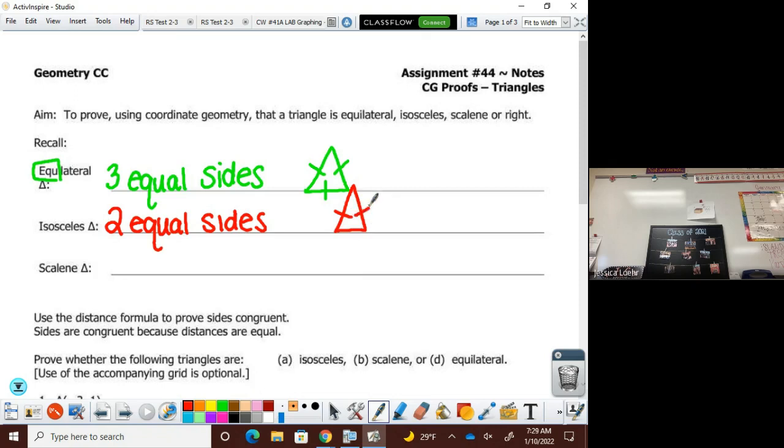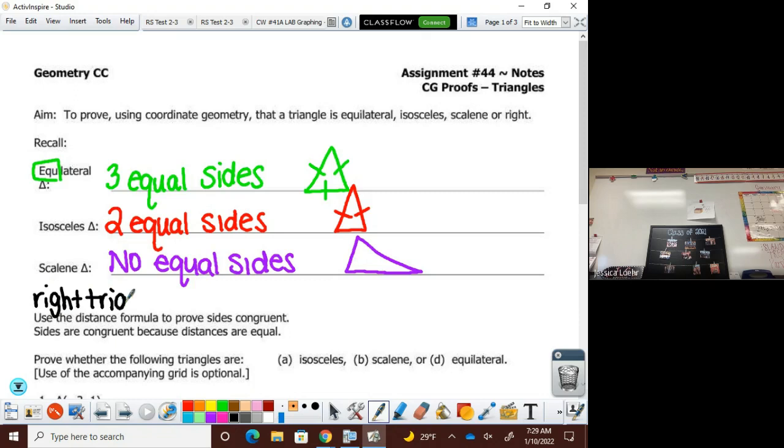And then a scalene triangle has 0 equal sides. And then we also talked about one other type of triangle, which is a right triangle. Which basically just means that it has 1 right angle.